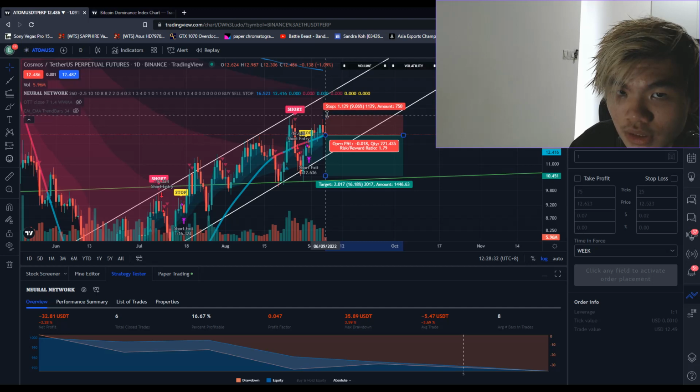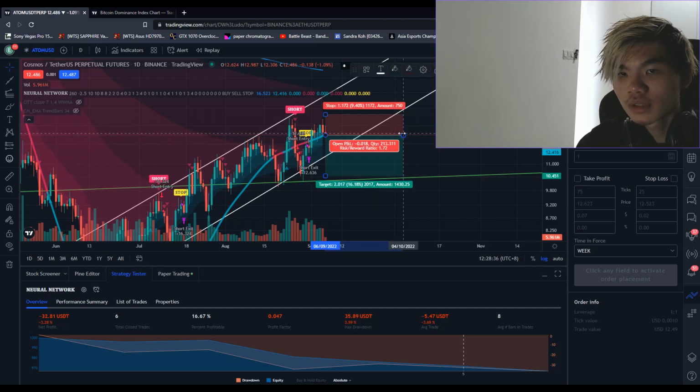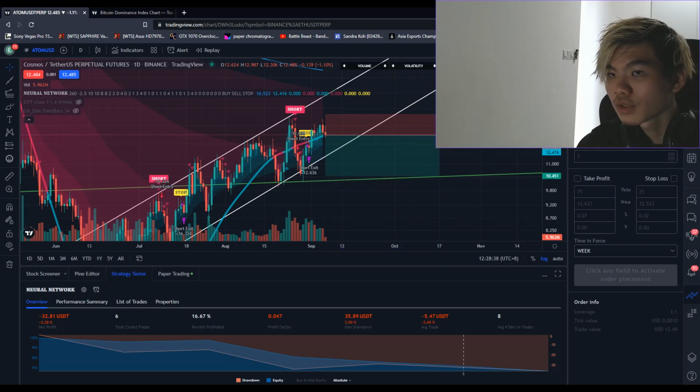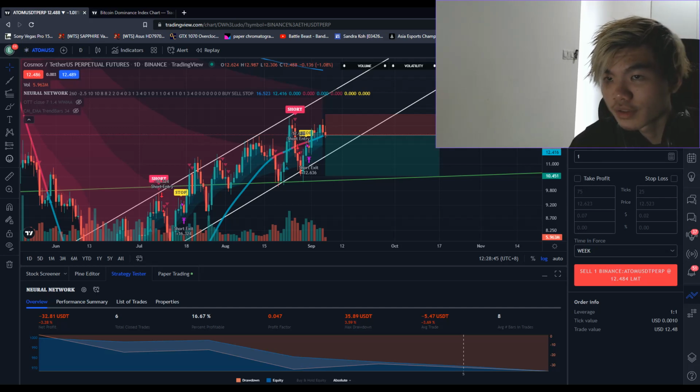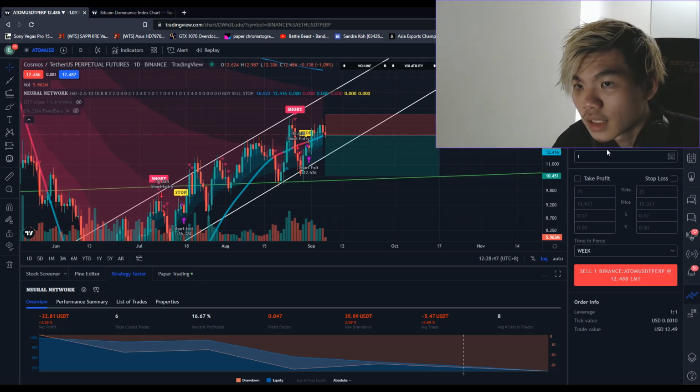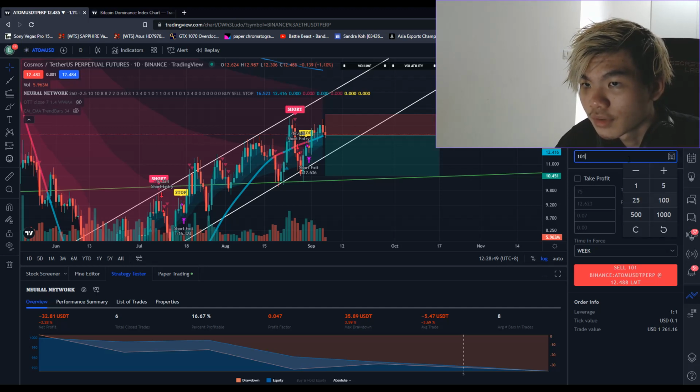Actually, I want to increase this in case a full breakout happens. So let's just increase this, and we can do a market buy. Market sell. And we'll do a market sell at 2.47. You know what, whatever. 2.488, and then since it's Atom, we'll just do 100 units.